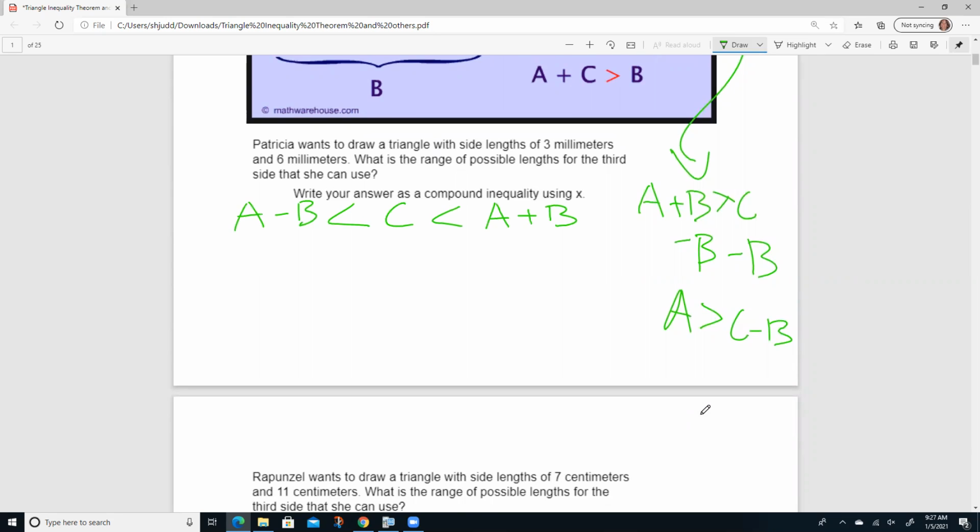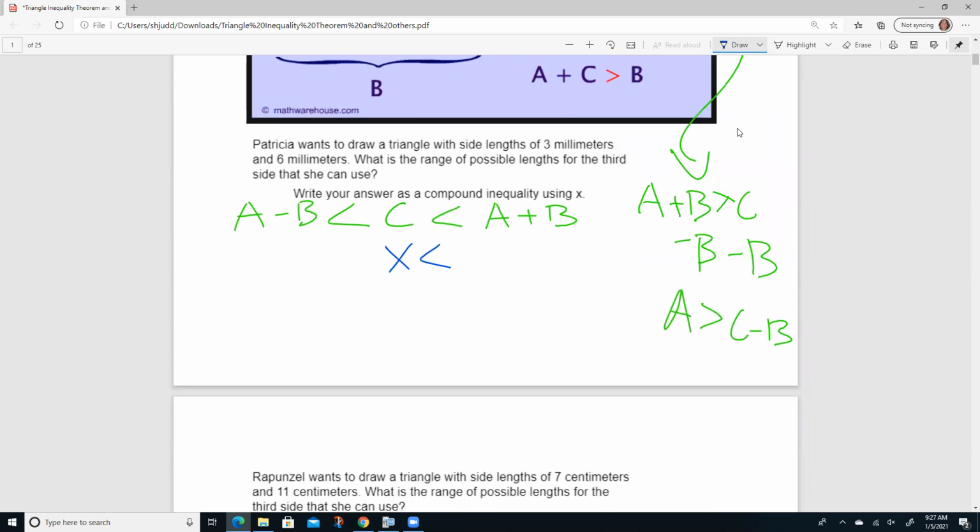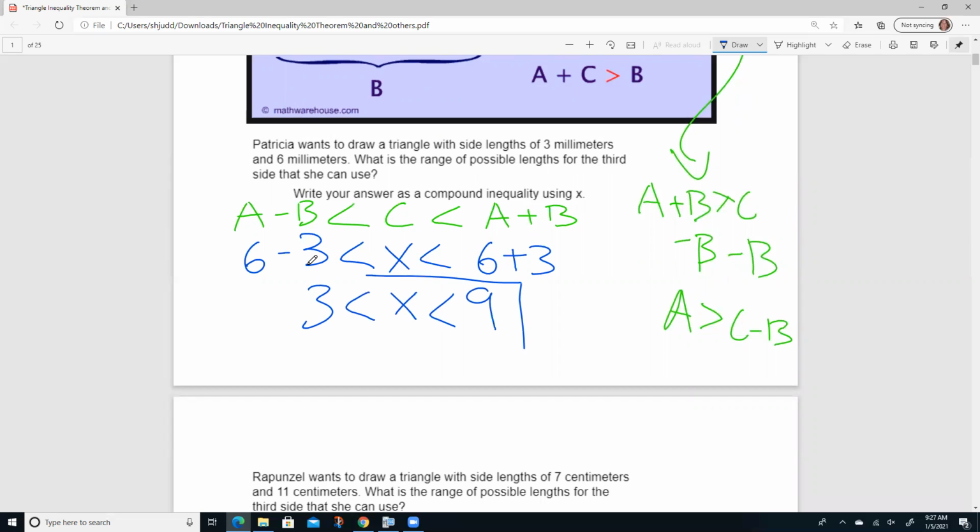I guess they say use X, so I can go ahead and plug an X in for that. My two side lengths are 6 and 3. Six minus 3 is 3, less than X, less than 6 plus 3 is 9. And this is the inequality that represents the range of possible values for the third side.